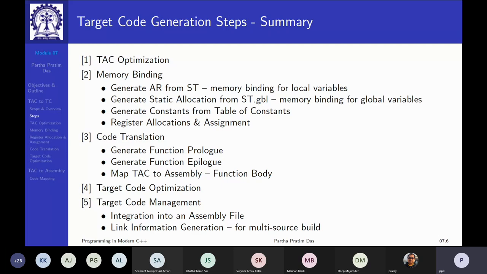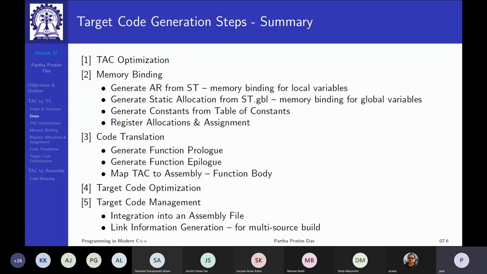And also, after the function has finished the computation and it can actually return, there is an epilogue of code which does the remaining adjustment to set every pointer back to its right position, or every register back to its right value, so that the control can go back to the caller.